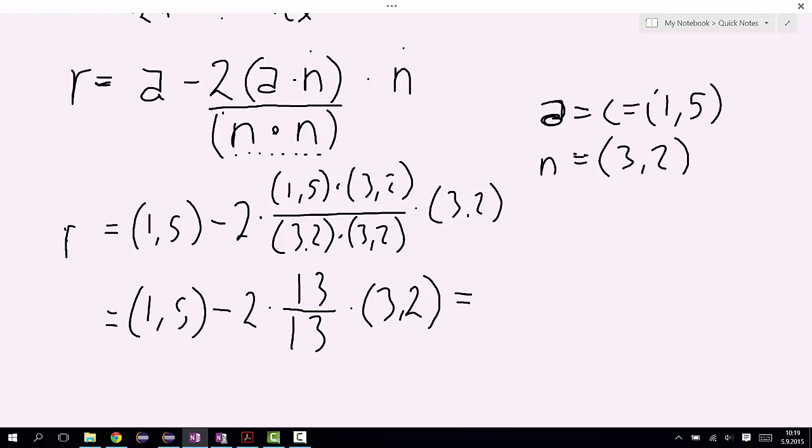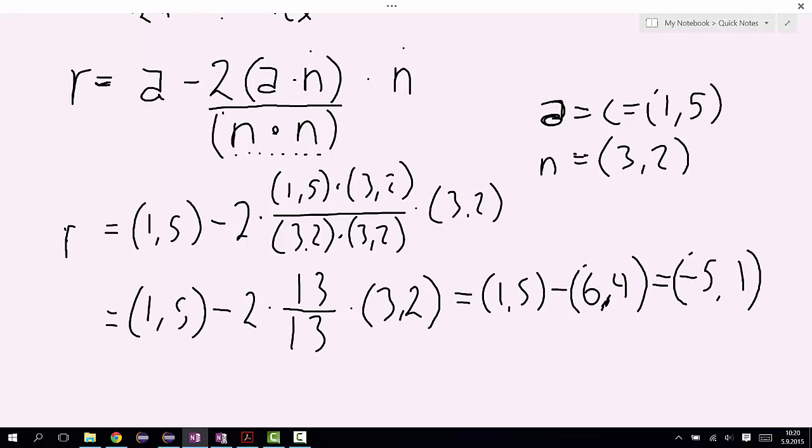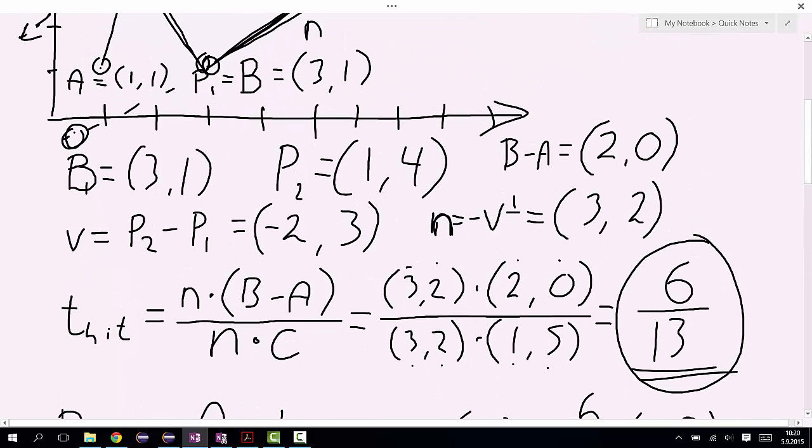So this equals 1,5 minus, so we have 2 times 13 by 13 is just 1, so minus 6, 4, if we just multiply 2 into this set here. All right, that gives us the vector minus 5, 1. So let's look at how that looks on our image.